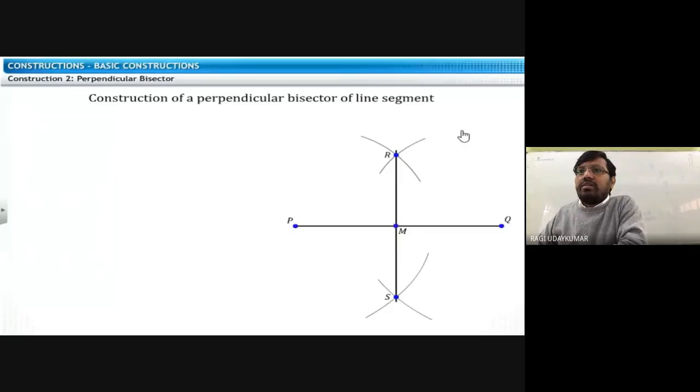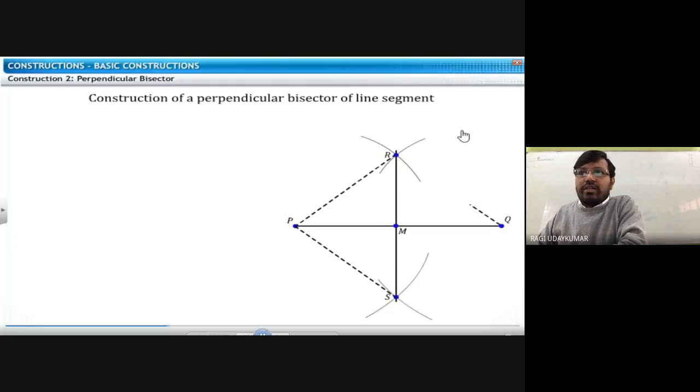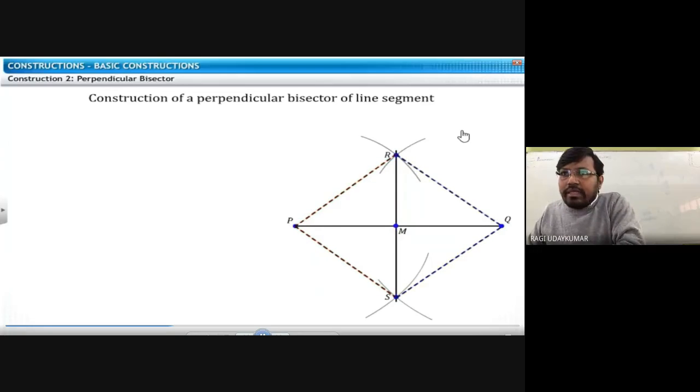M is a point, midpoint of the PQ. ये midpoint होगा. PQ and RS are the lines. P to R join करो, P to S join करो, and R to Q join करो, Q to S join करो, QR QS join करो.